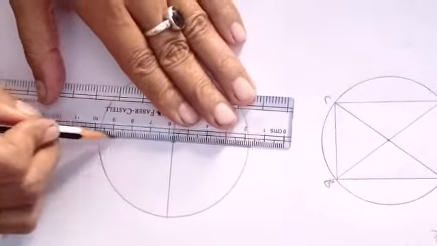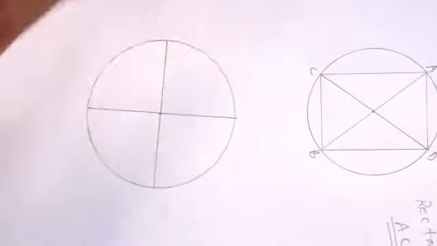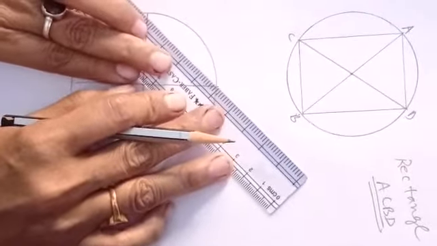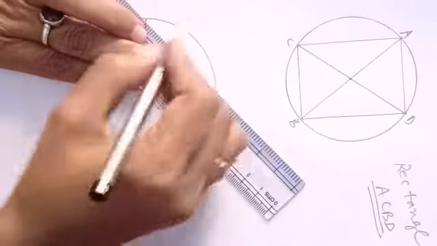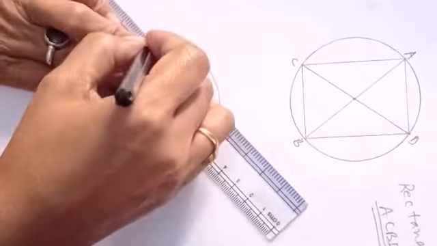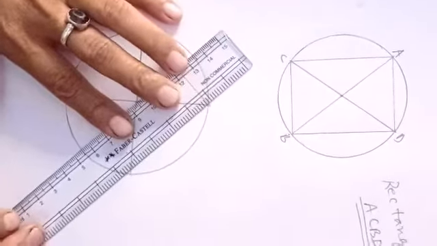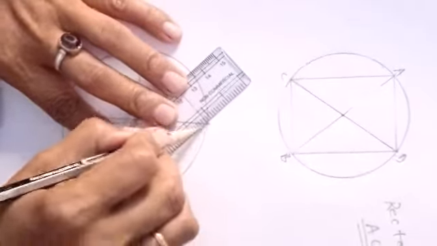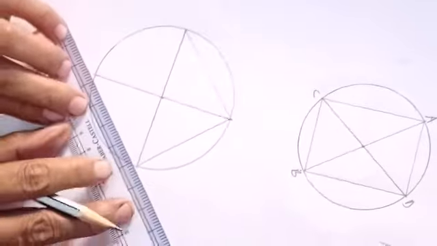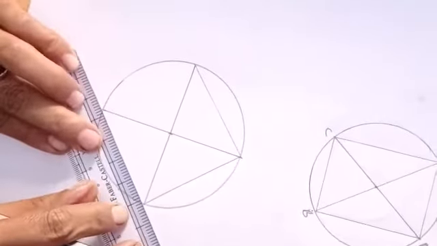Okay, so I have drawn two diameters, and now I have been asked to join the ends of these two diameters. Okay, let's add them. Okay, this one is done, then I'm going to join the third side.